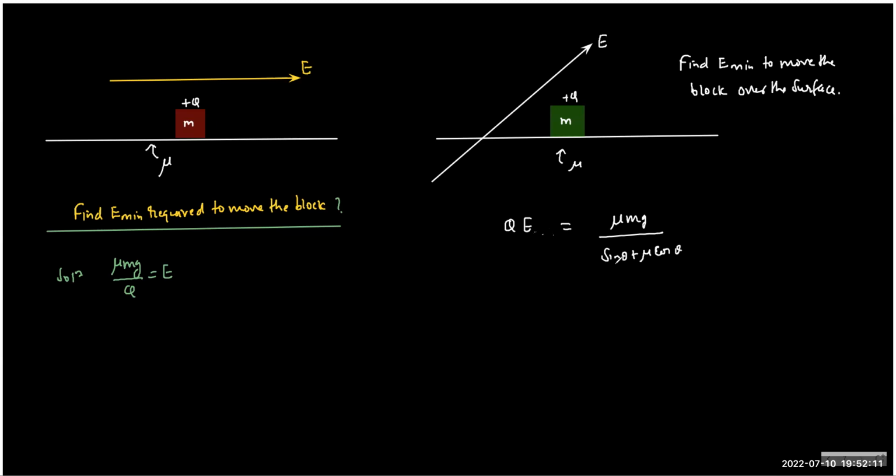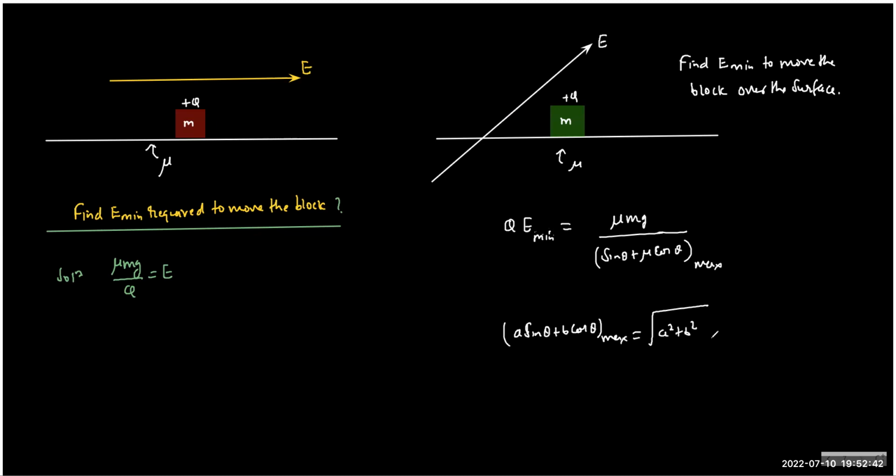And to minimize this, we have to maximize the denominator actually. So the denominator will be maximum when we know the answer. What's the maximum value of A sin theta plus B cos theta? The maximum of this is under root of A square plus B square. Correct?